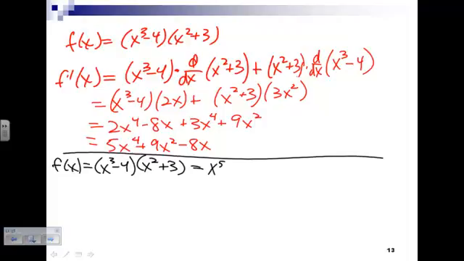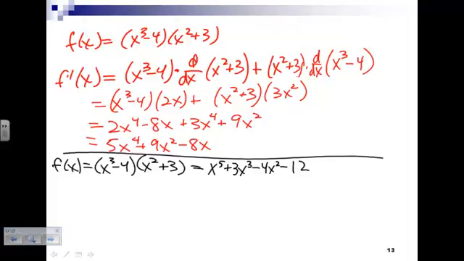X cubed times 3 is 3x cubed. Negative 4 times x squared is negative 4x squared. Negative 4 times positive 3 is negative 12. Did I make any algebraic errors? No. In the FOIL? No?